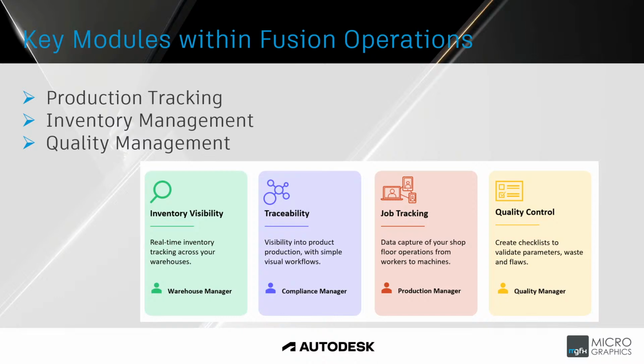It's production tracking, inventory management, quality management. When we look at inventory visibility, it's got real-time inventory tracking across your warehouse, traceability for visibility into production, with simple visual workflows, job tracking, and quality control.